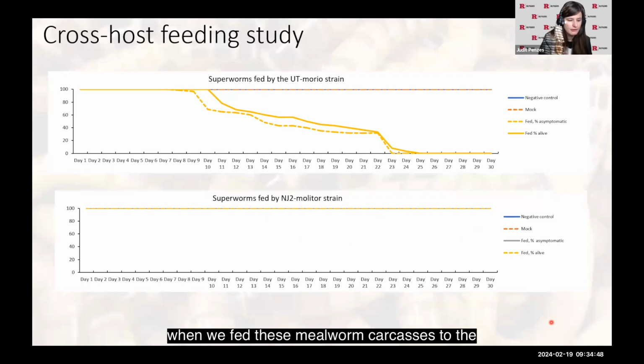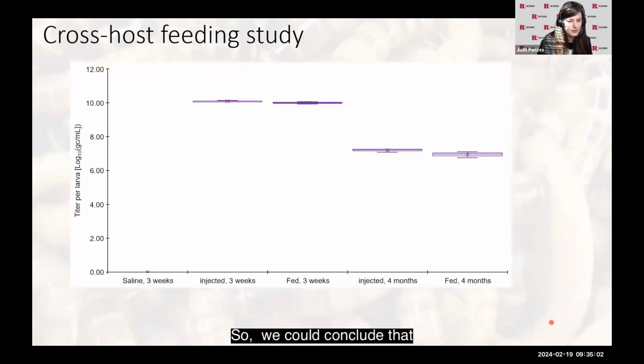However, when we fed these mealworm carcasses to the superworms with exactly the same high virus titer, nothing happened. All of these superworms survived. So we could conclude that indeed these mealworm-originated CMBWV strains were non-virulent in the superworms.